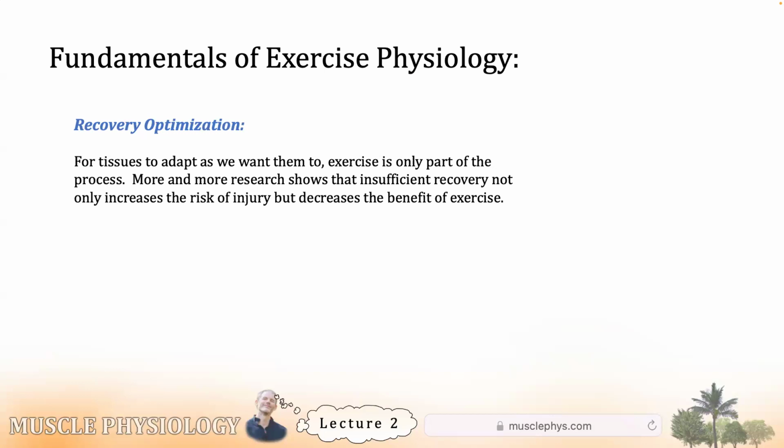But lots of factors are controllable, like the FITT characteristics. What are you doing for your exercise? Frequency, intensity, time, and type of your exercise, or conditioning level of the exerciser. What's their history of exercise? The environment you're performing in matters: the temperature, elevation, things like that.